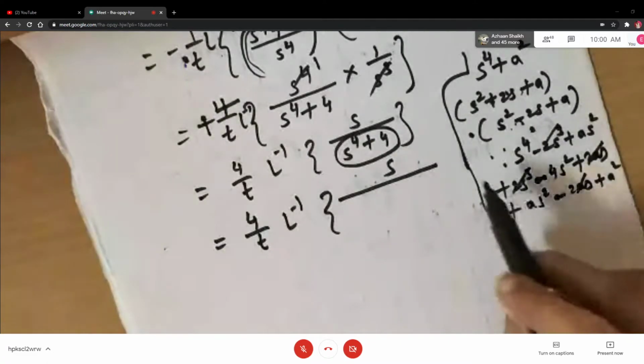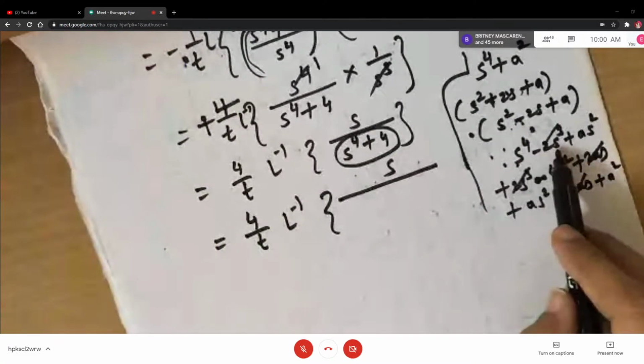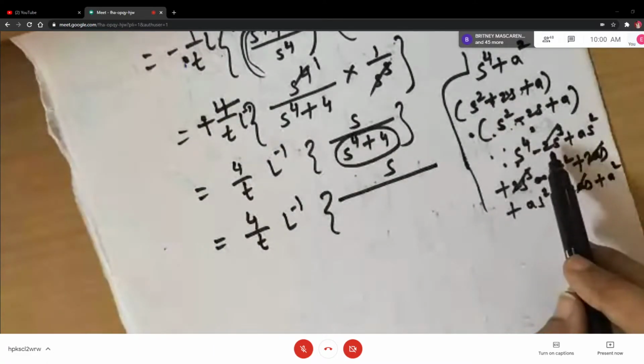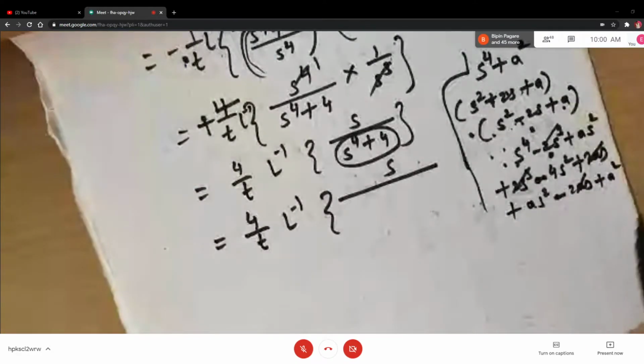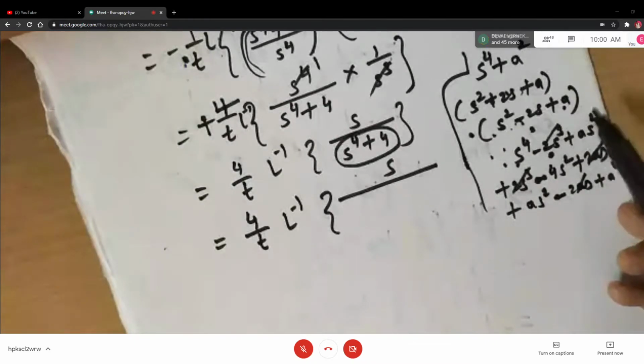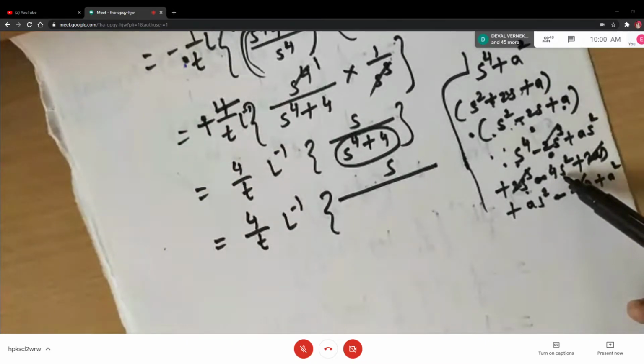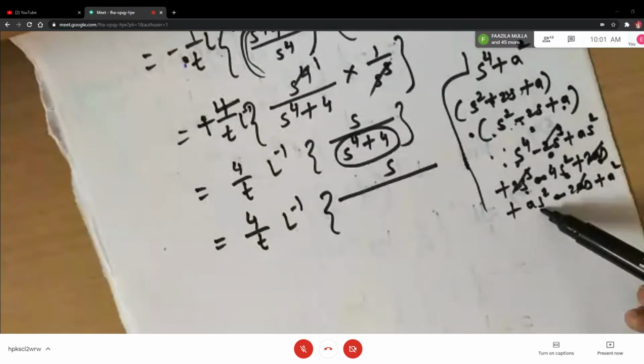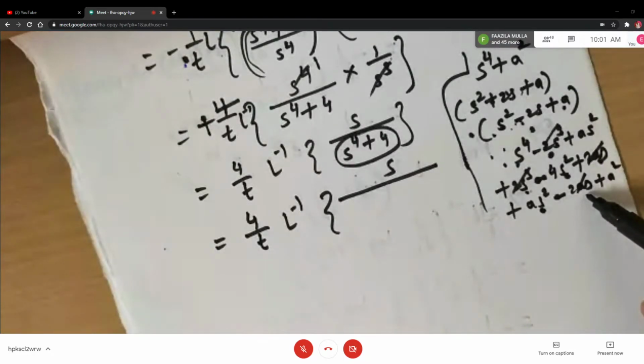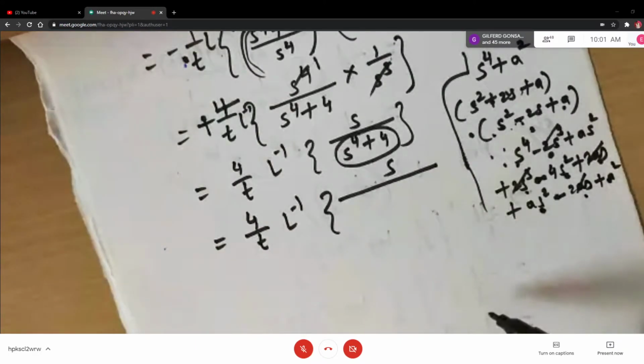Just check the multiplication. s raised to 4 minus 2s cube plus a square, right? Then 2s cube minus 4s square plus 2as plus a square minus 2as plus a square.